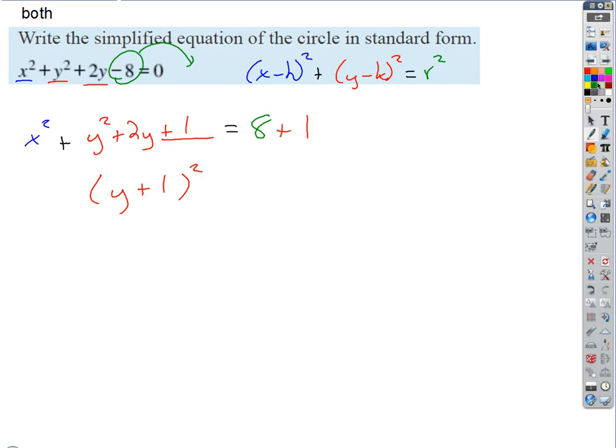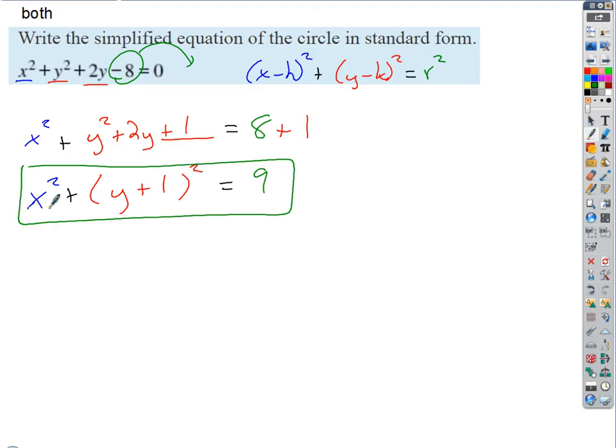So we end up then with x squared plus the quantity y plus 1 squared equals 9. And that's standard form. Okay? So that's what I would input into Moodle. How come there's just an x by itself? Well, because h is 0. We're subtracting 0 from x.